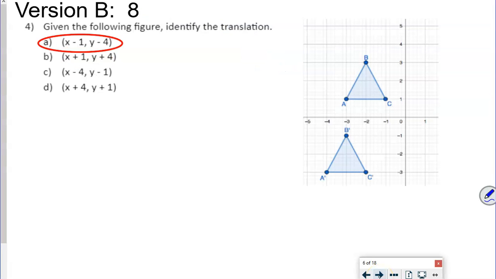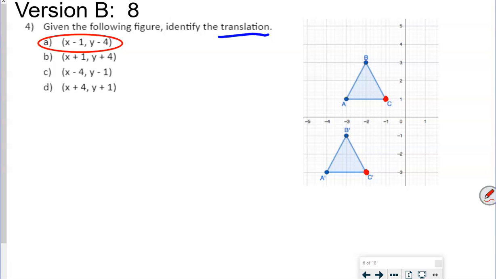All right, the next one is, given the following figure, identify the translation. Now, it tells us it's a translation, so we know this means it just slid, right? So let's just pick a point, and remember, we have to go from something that doesn't have a prime to something that does have a prime. So I'm actually going to go from C here to C prime.